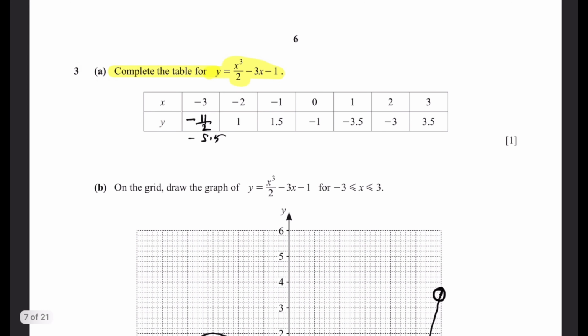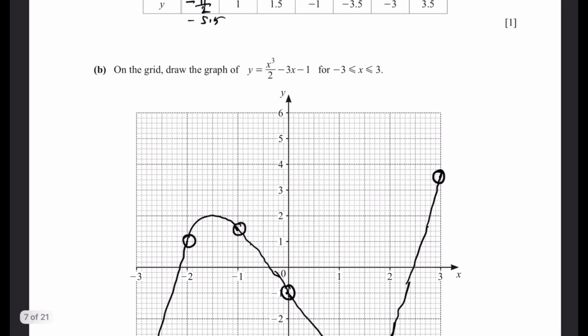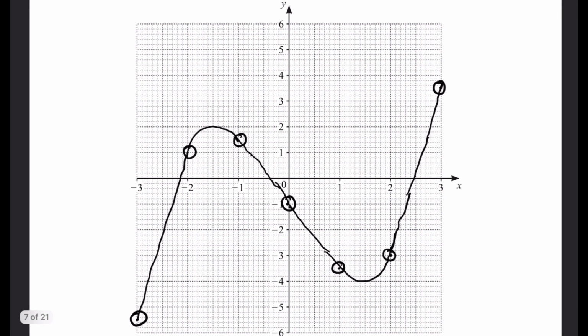Now let me check the question again. It is exactly looking as y equals 3. So y equals 3 is a line parallel to the x-axis. Let me draw a line parallel to the x-axis.